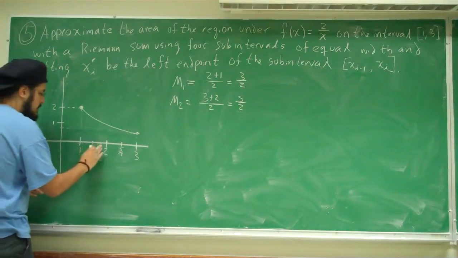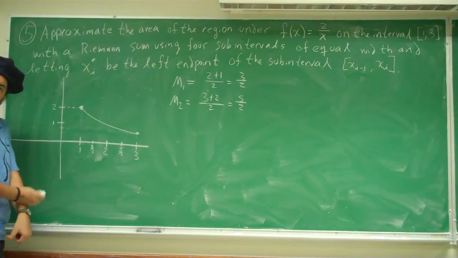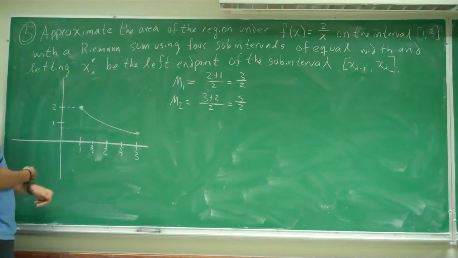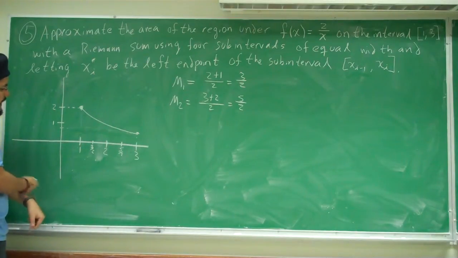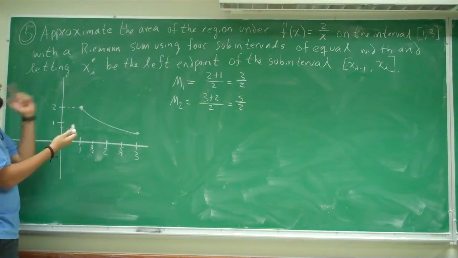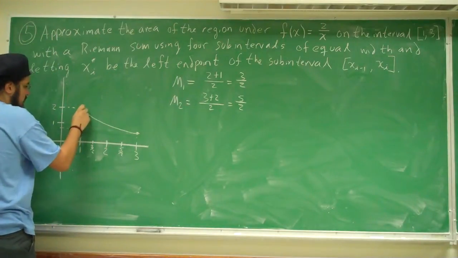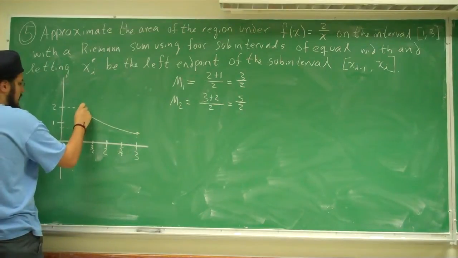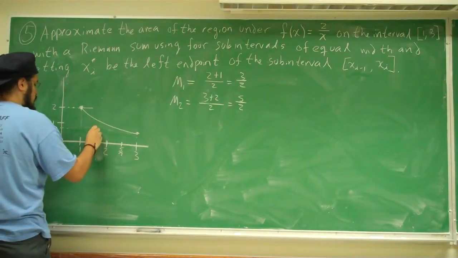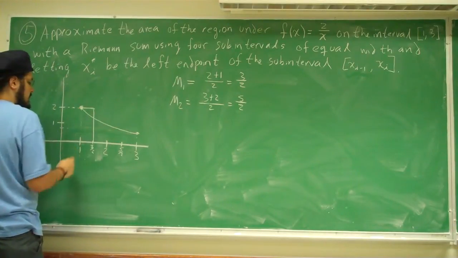Now we have 1, 2, 3, 4 subintervals of equal width. Okay, so we want to use the left endpoints. So we start here, and we go ahead and draw a rectangle, like such.